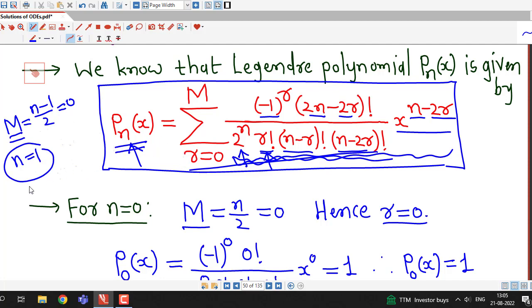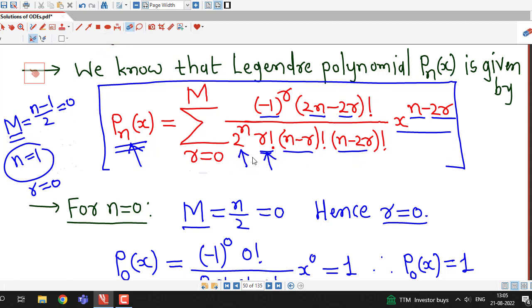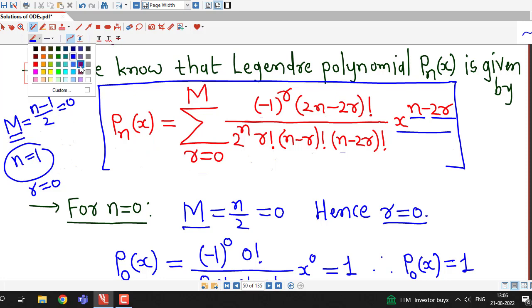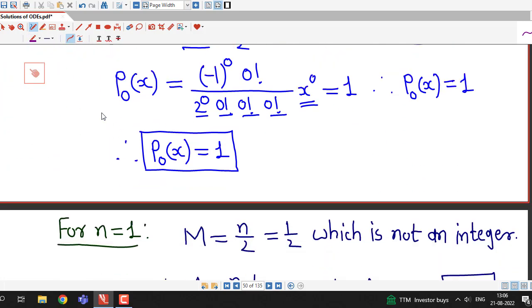And the value of r will also be 0 because capital M is 0. So for n equal to 1, we will consider r equal to 0 and n equal to 1 everywhere in this expression, and we will be able to determine the Legendre polynomial of degree 1. So that I have written here.